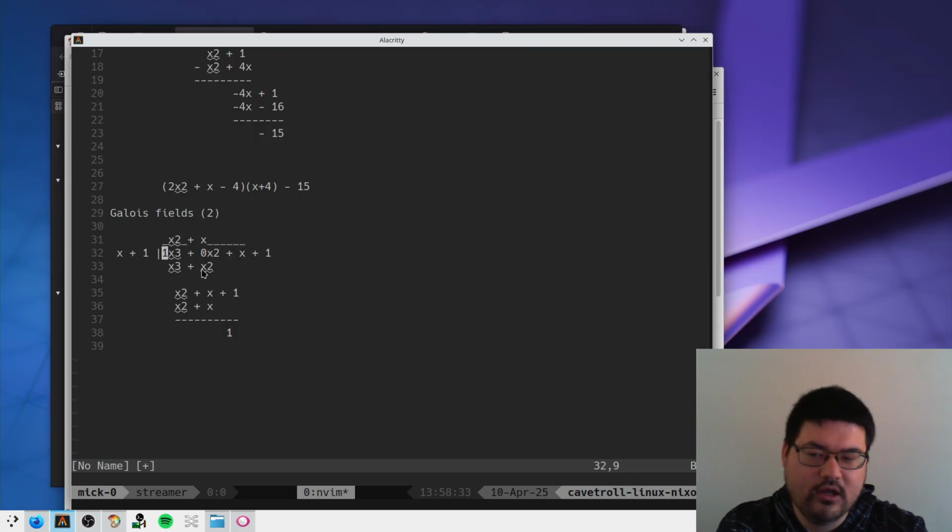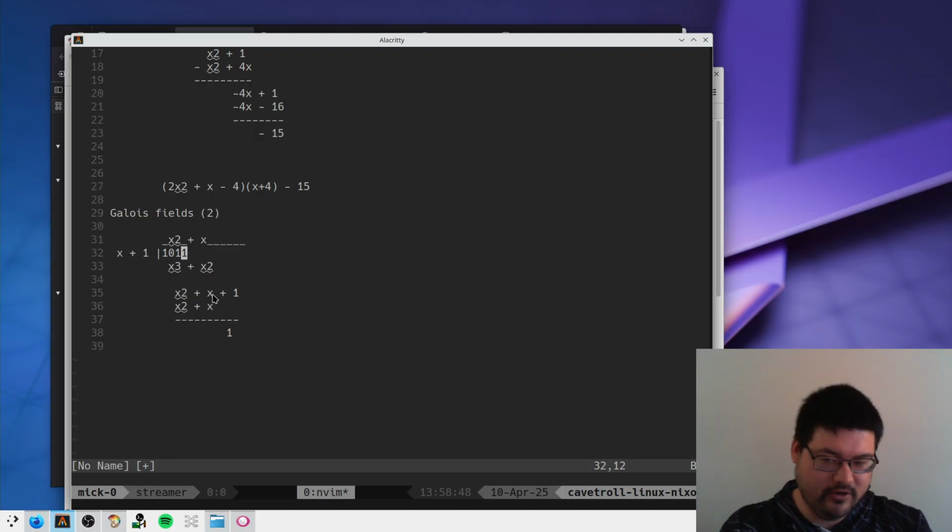Times 0 is nothing. And if you just take out the x's, you end up with something that resembles a binary number, right? 1x squared plus 1x cubed plus 0x squared plus x plus 1. That's what we're talking about here, right?